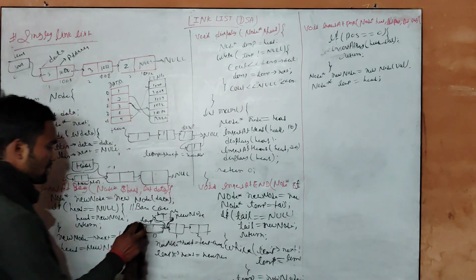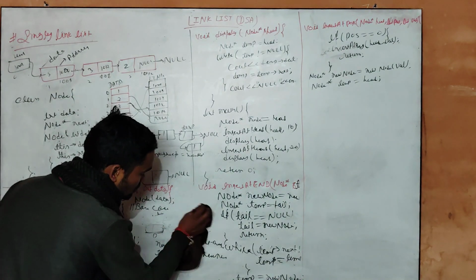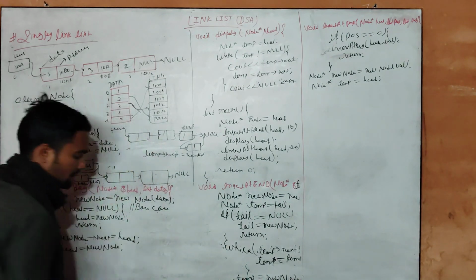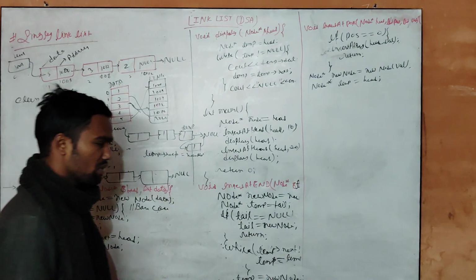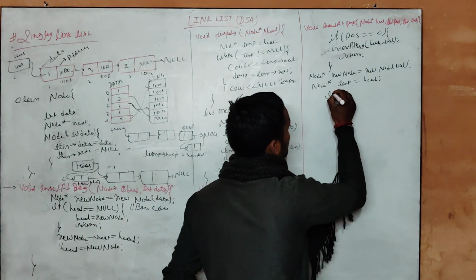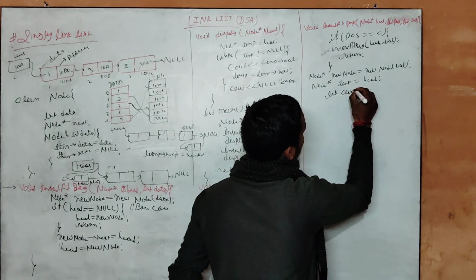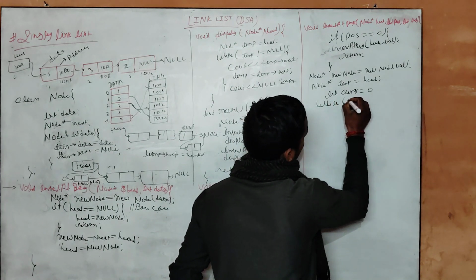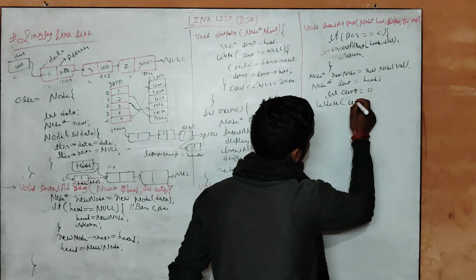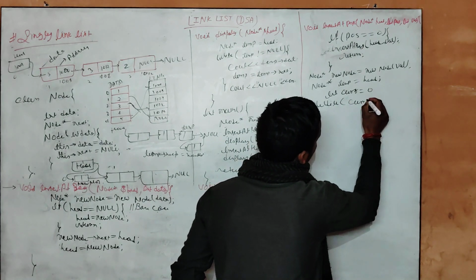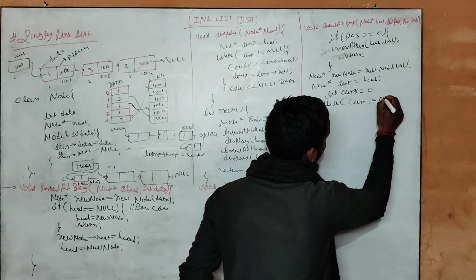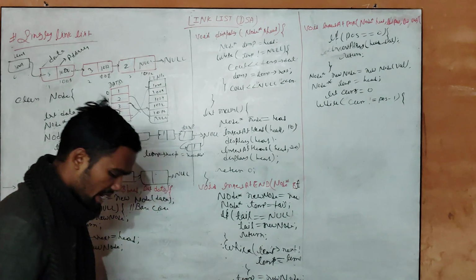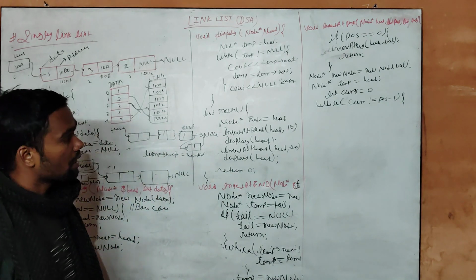I'm just removing this, because, yeah, clear. Then I am using one int current value. Int current, starting value is 0, and I am writing one loop: while current is not equal to position minus 1.